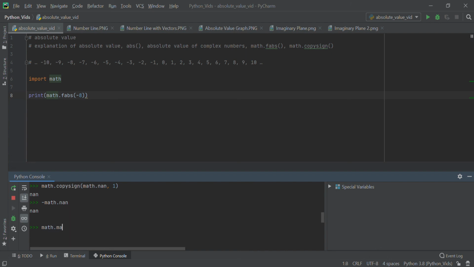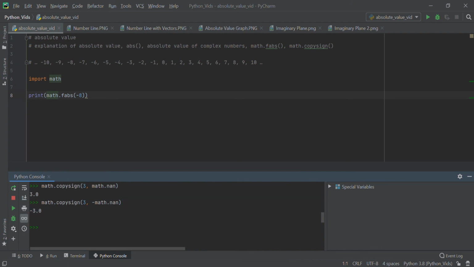So what's this going to do if we had math.nan with a negative 1? Is this going to then give us a negative nan? No, it's not. It's just going to give us nan again. Still nan. And then, what if it was 3 and then not a number here? That works.